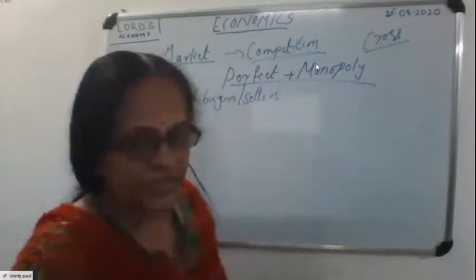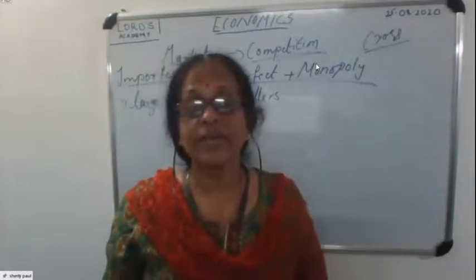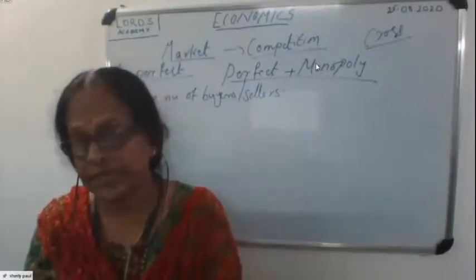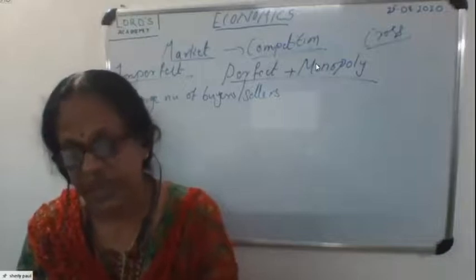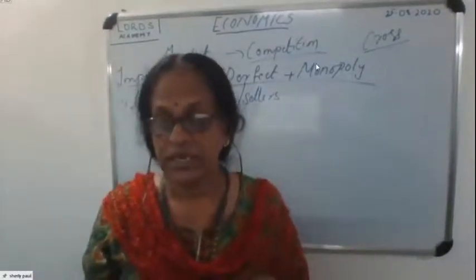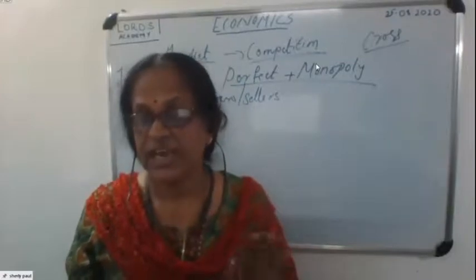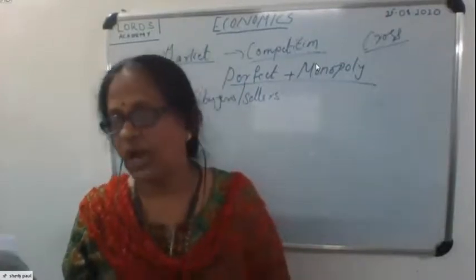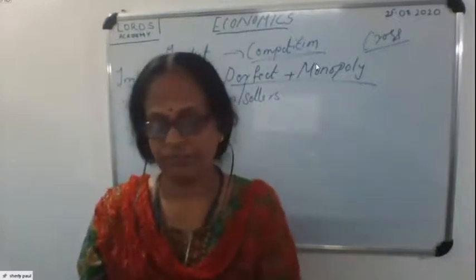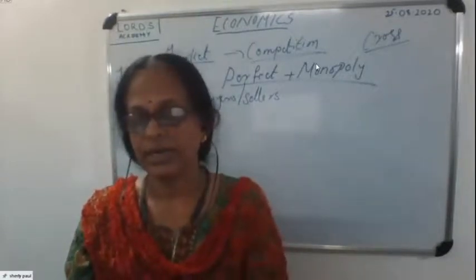Then, when you are reading this one, you will get the difference. A monopolistically competitive industry contains a large number of firms, each of which is relatively small compared to the overall size of the market. Clear?